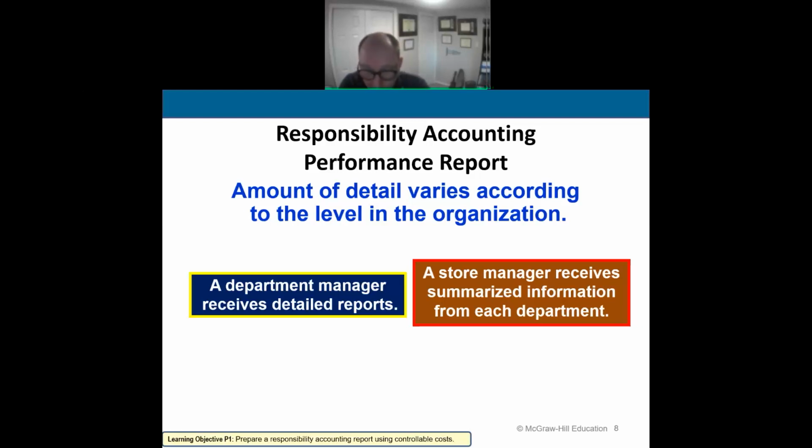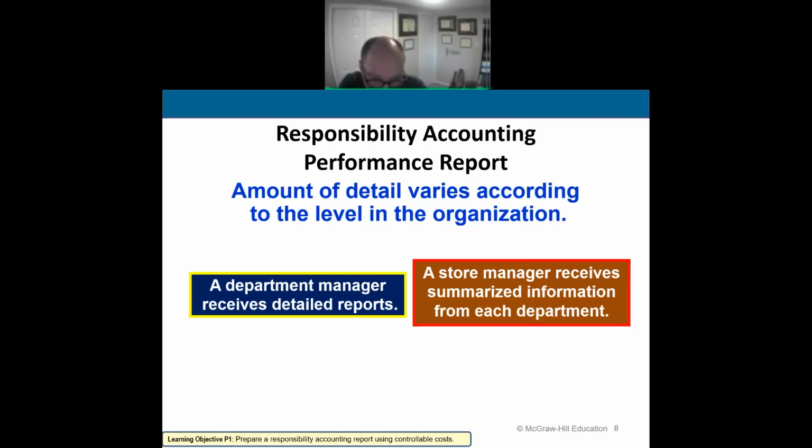You're also going to be interested in managing your costs for your jewelry department. For example, how well am I managing my labor expense, my hourly employees, my salespeople at the jewelry department? Are the amount of hours that they're working matching the amount of revenue that I'm taking in?